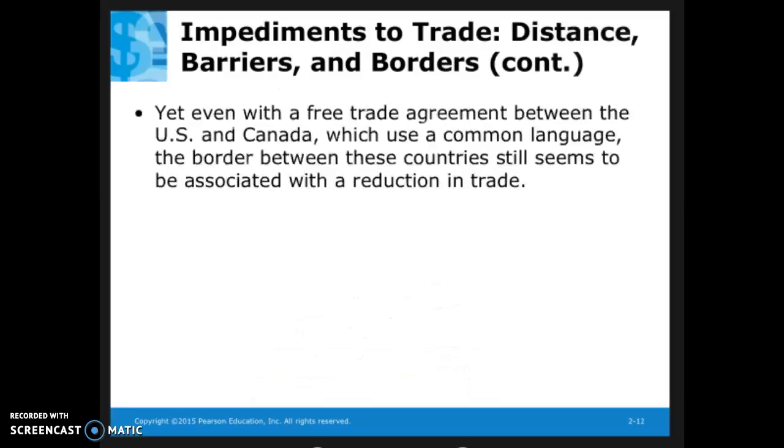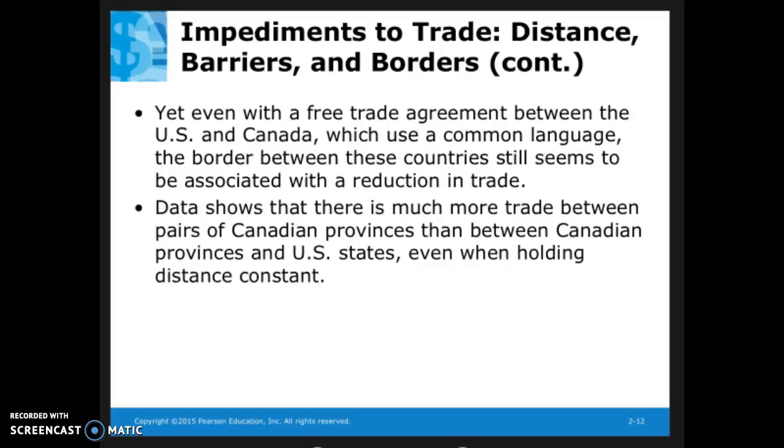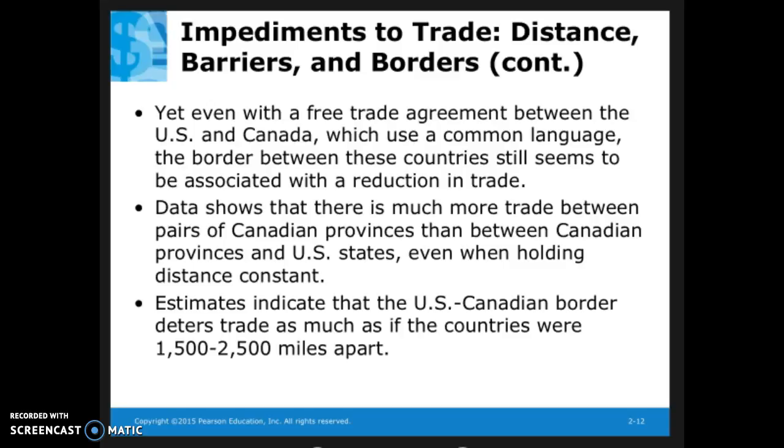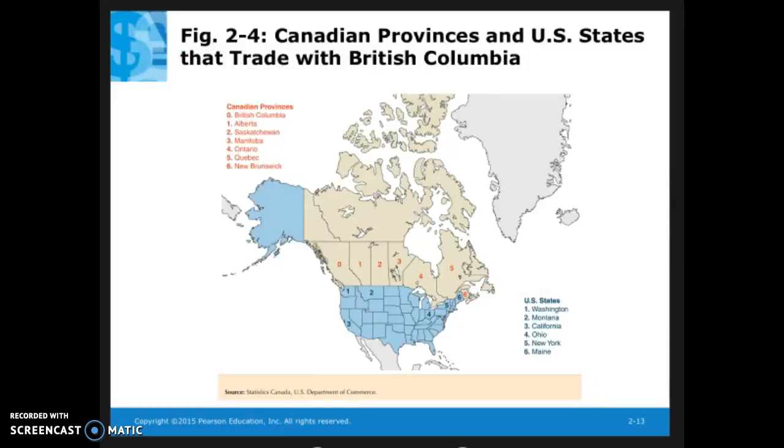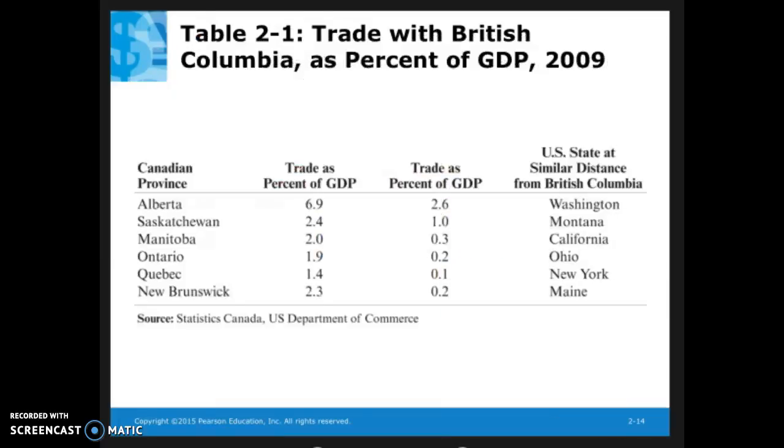So even with free trade agreements, there still seems to be a reduction in trade associated with borders. There's much more trade that we can see in the data between Canadian provinces than there is between Canadian provinces and states, even when we hold distance constant. So here you can see some key Canadian provinces matched up with states for distance.